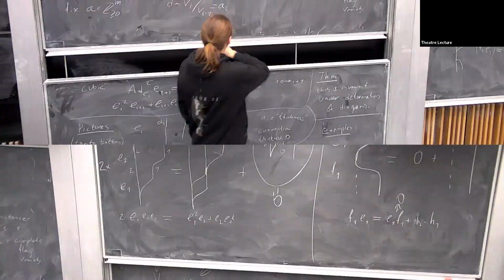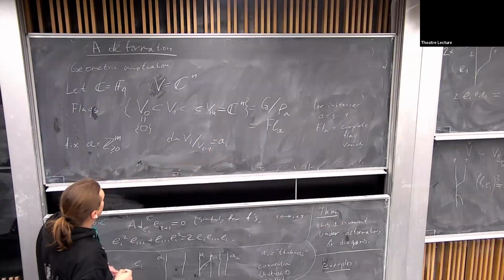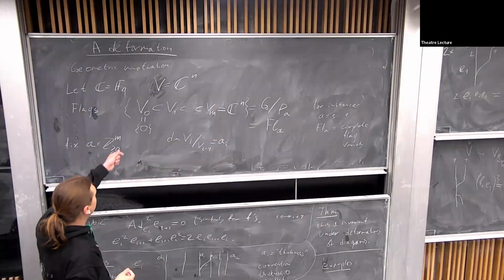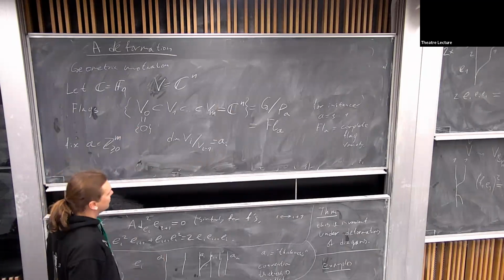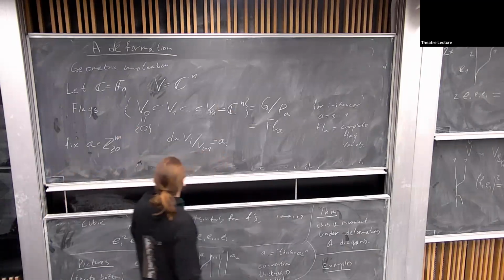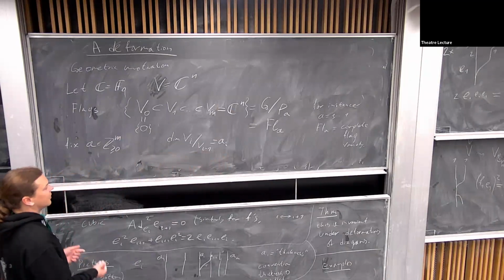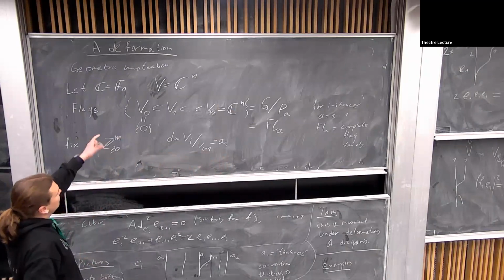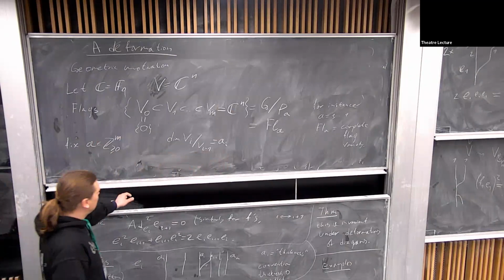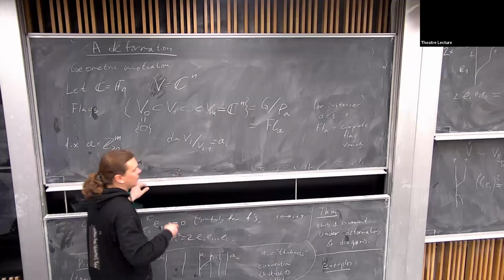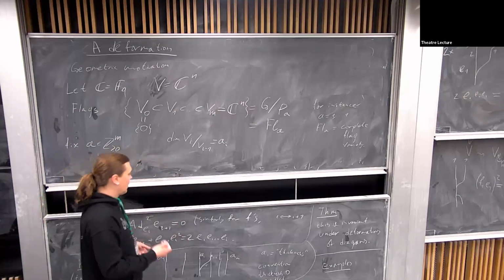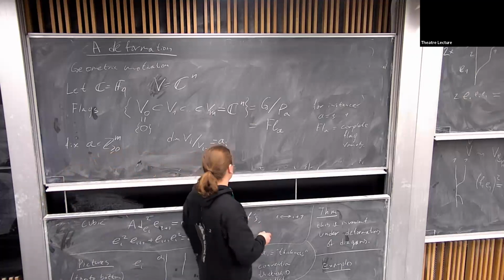Studying just flags is not very geometric. So what we want to do is fix a standard flag and consider all other flags up to transformations preserving the standard flag.